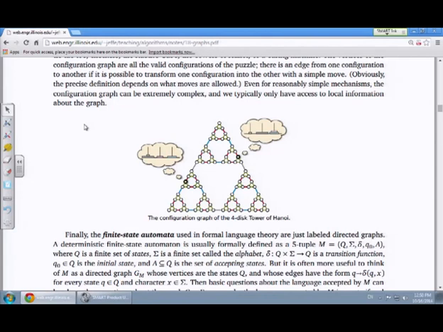Now, in the homework, we saw a variation of the Tower of Hanoi problem where you weren't allowed to move anything directly between 1 and 3. And if you look at the configuration graph for that variant of the puzzle, it has the same set of vertices, exactly the same set of configurations. The disks can be in exactly the same places.